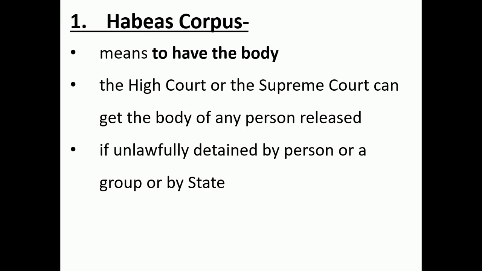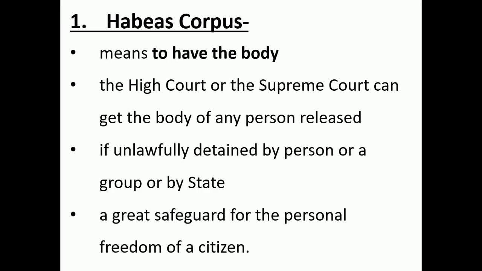So the High Court or the Supreme Court can get the body of any person released if unlawfully detained by a person or a group or by the state. That's why we can say that it is a great safeguard for the personal freedom of a citizen. Suppose a person kidnapped us, so our relative can move to the court and the court will order habeas corpus.